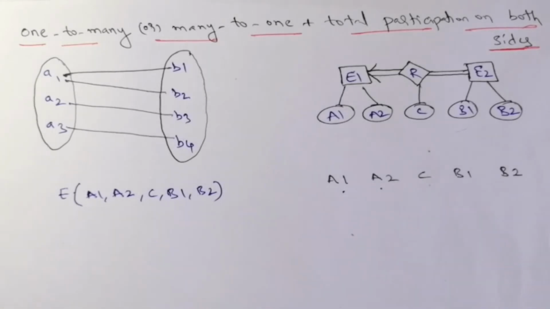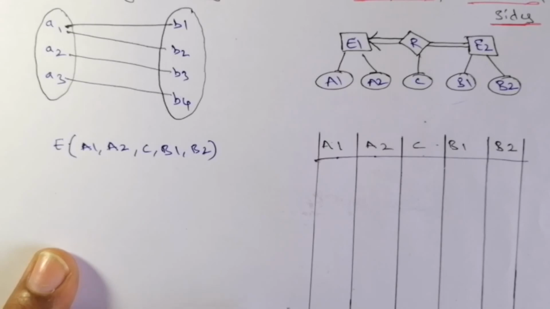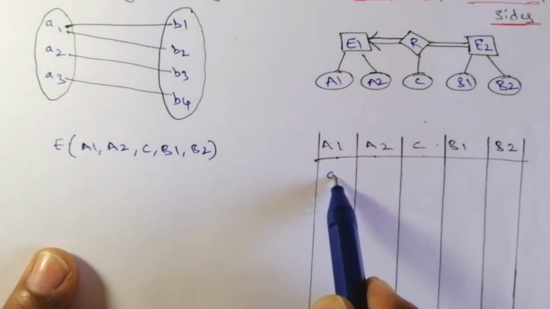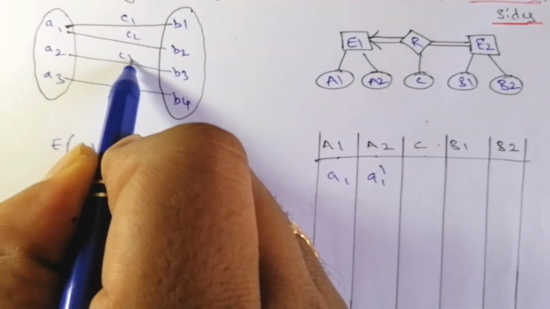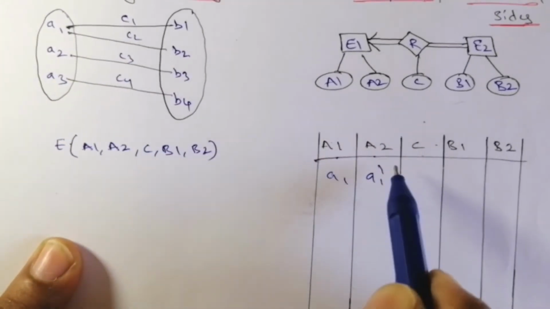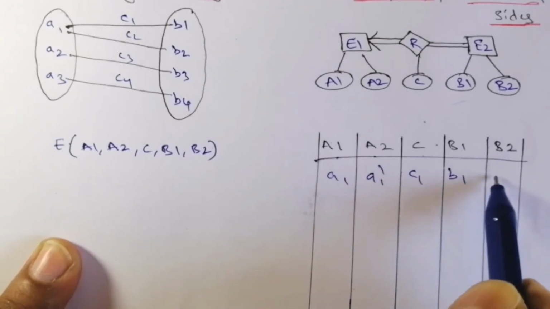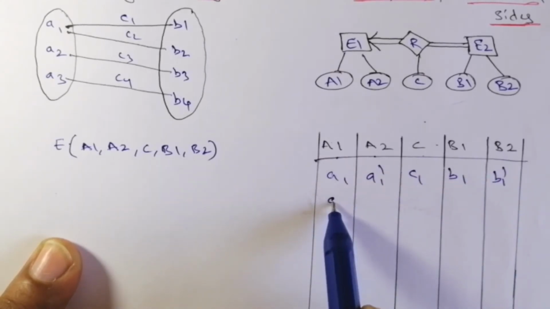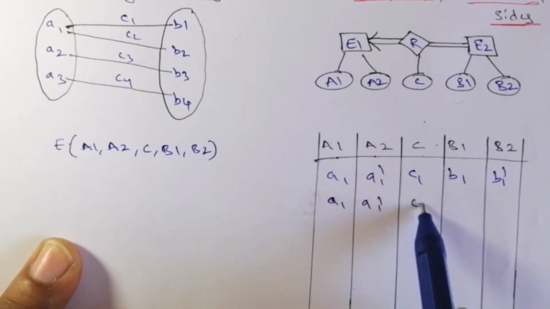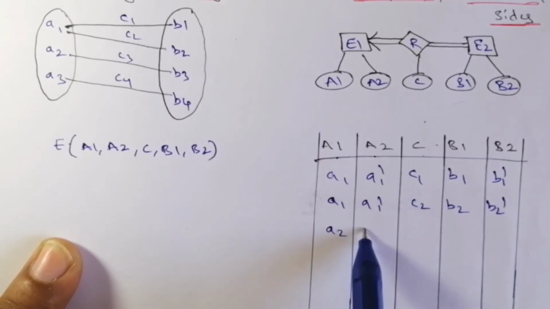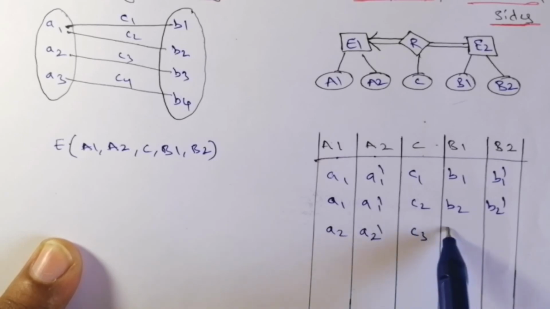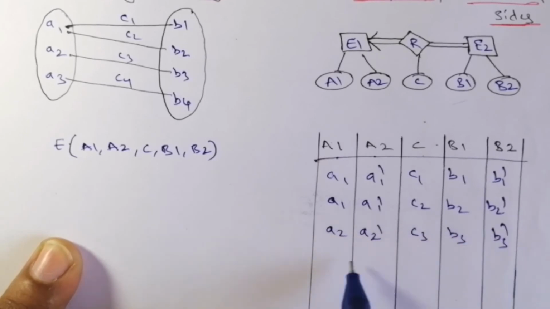For a single relation, it is A1, A1 dash, then if we name the descriptive attributes by numbers, C1, B1 and B1 dash, then A1, A1 dash, C2, B2 and B2 dash, and then A2, A2 dash, C3, B3, B3 dash, and A3, A3 dash, C4, B4, and B4 dash.